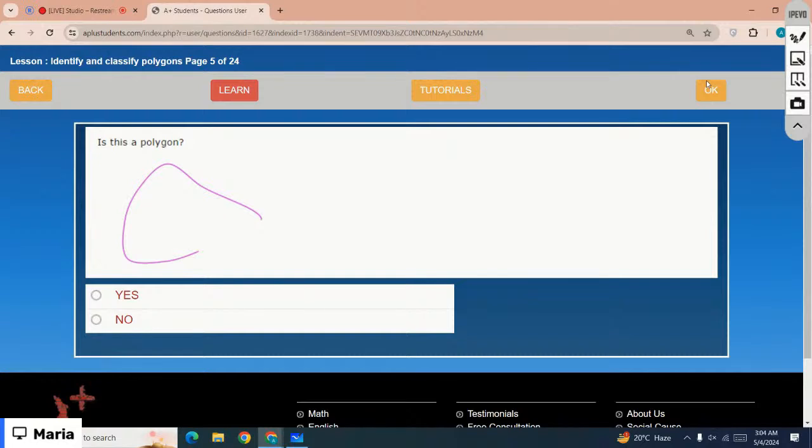Is this a polygon? No, this isn't a polygon.